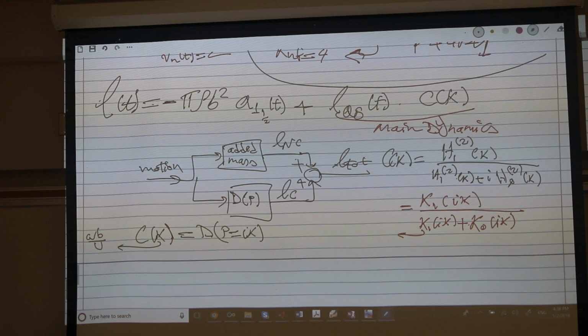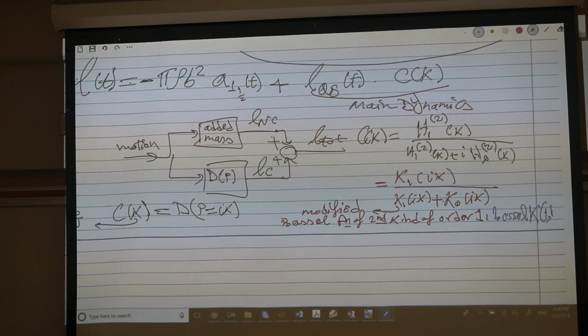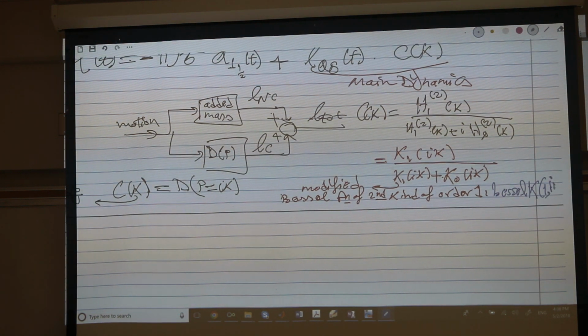And this is the modified Bessel function of second kind of order 1. In MATLAB, it's Bessel K instead of Bessel H, with the order and the argument. The argument is IK.